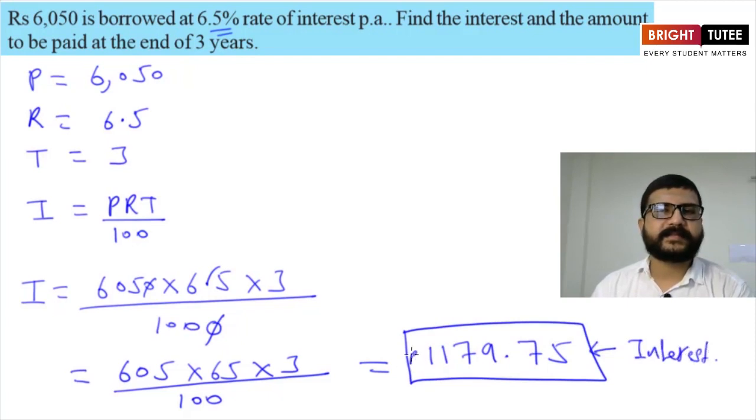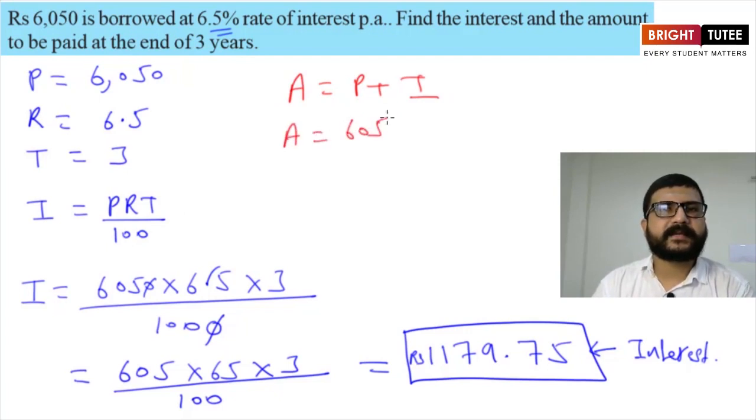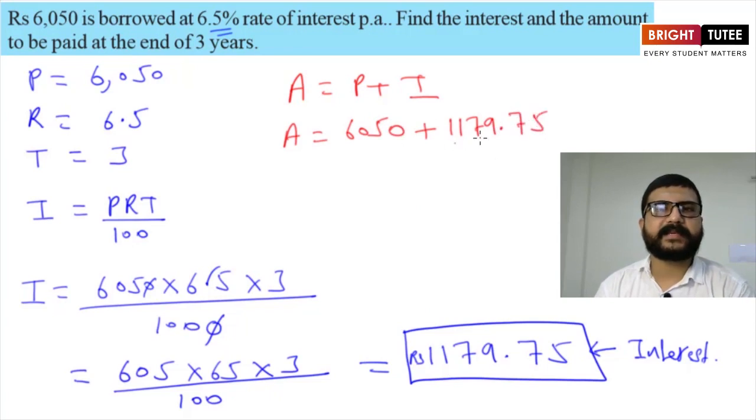So interest is rupees 1179.75. Now what will be the amount to be paid? As we know, amount is equal to principal plus interest, that is, A is equal to P plus I. Now from here A will be equal to P, which is 6050, plus I, which is 1179.75.